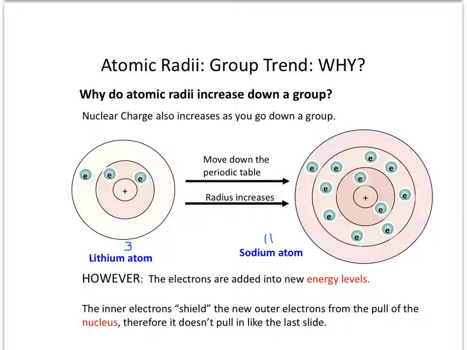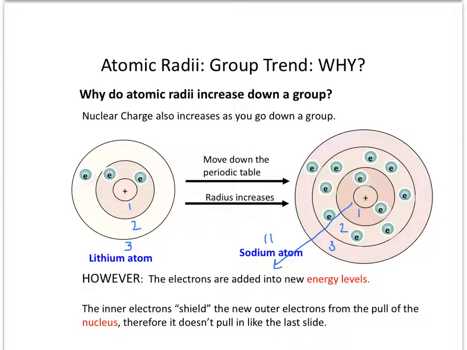For example, if we take a look at lithium, lithium has 2 energy levels. It has 2 electrons in the first and 1 electron in the second energy level. Whereas sodium has 3 energy levels. It has 2 in the first, it has 8 in the second, and 1 in the third. The additional energy levels put the electrons farther and farther away from the nucleus.